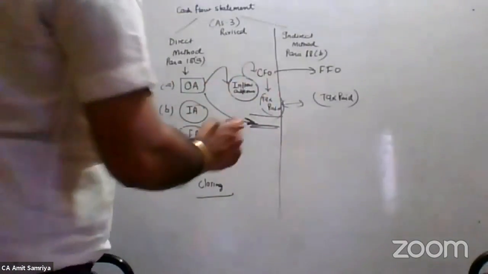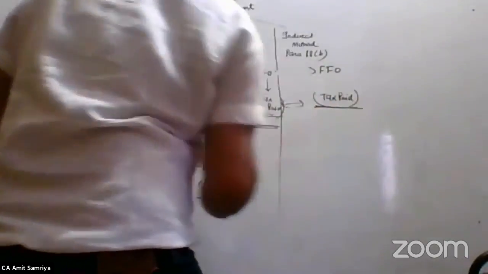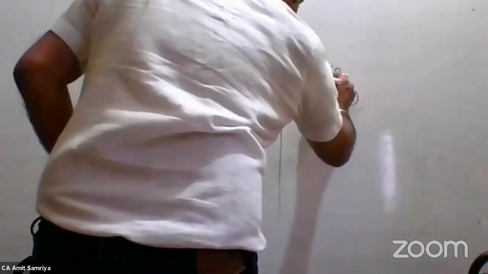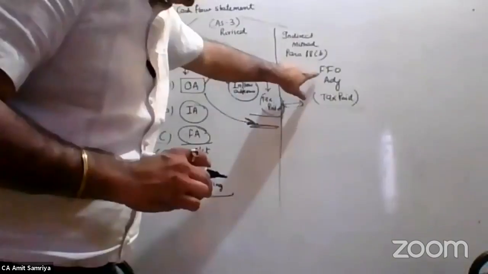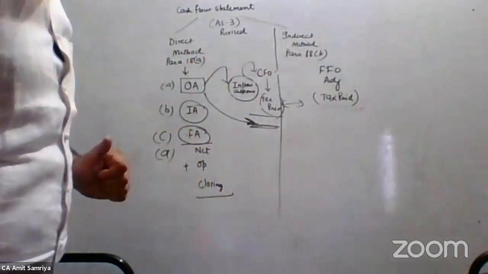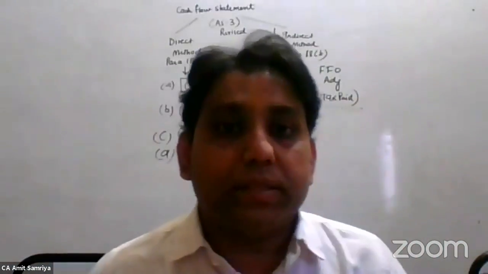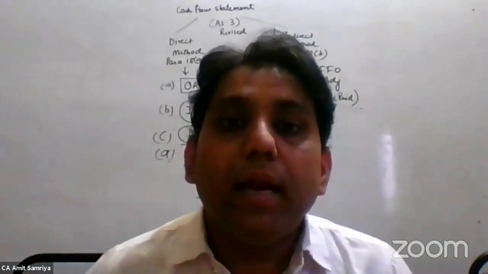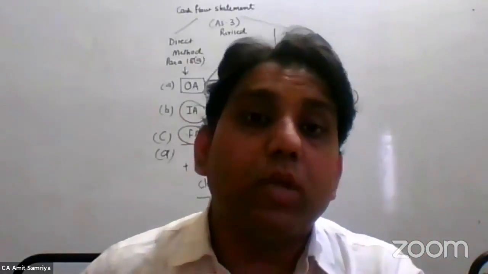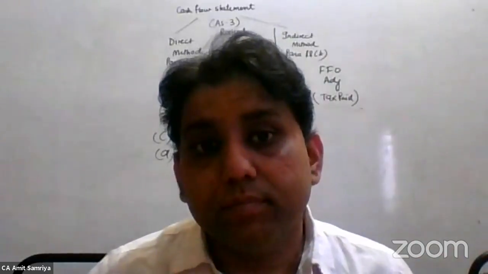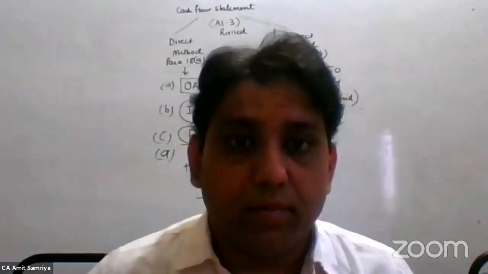Now, how to calculate fund from operation, and then tax paid. In between, there are some adjustments also. What are the adjustments? So first of all, see this. Under the direct method, all cash inflows and outflows are written directly, and you write cash from operation.